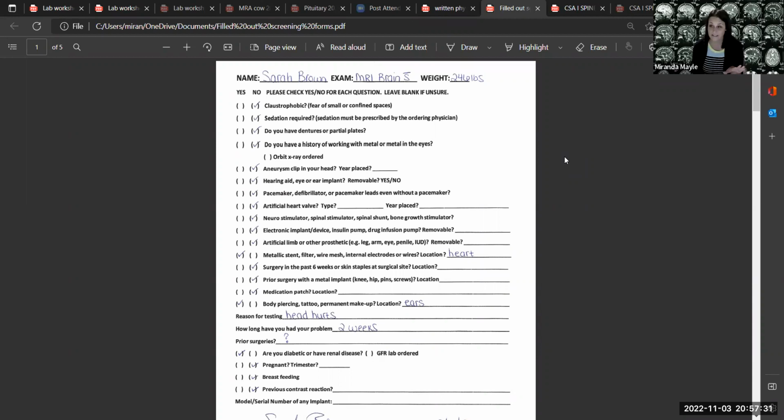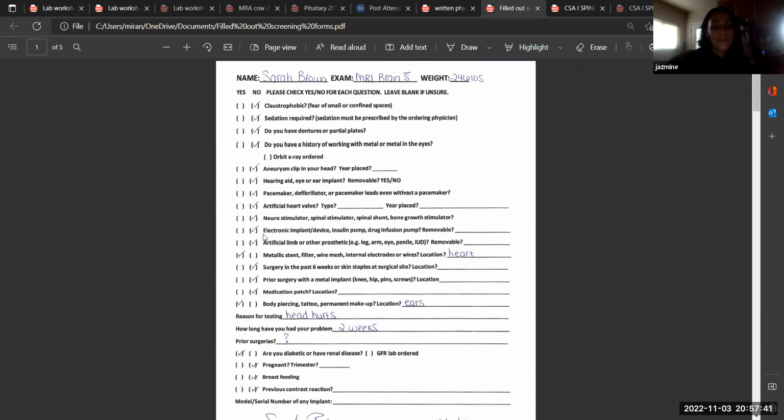Okay, well, they don't have any insulin pump. They mark no to that, right up here, electronic implant device. Okay, or insulin pump. So, do we care if they're diabetic or have kidney disease, whichever it is? Well, yes. Why?